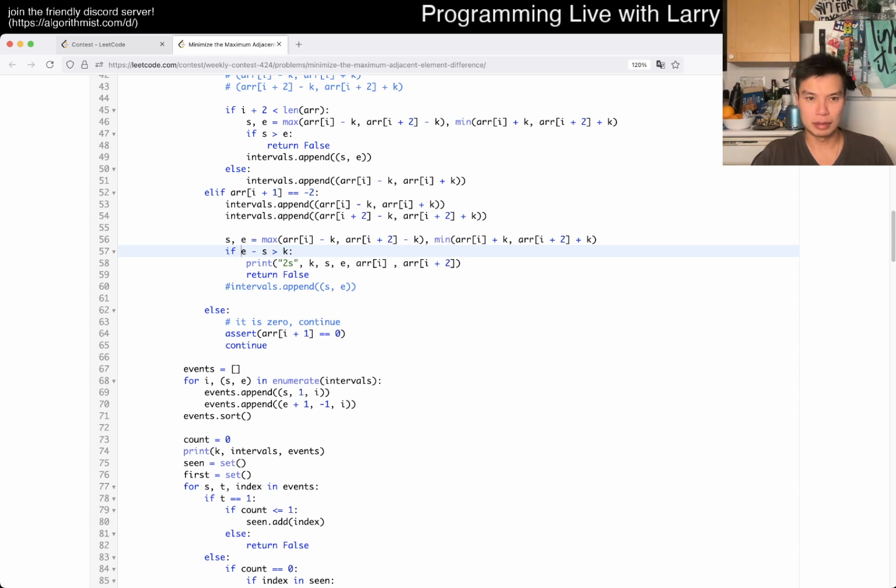Oh, I see. If this is the case, then there is overlap. Is that right? So it's actually S minus E.